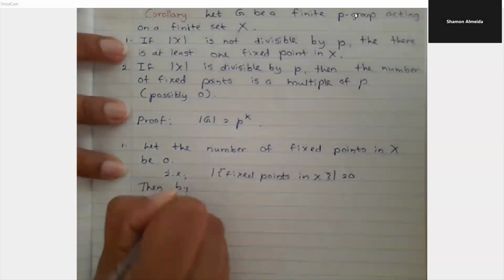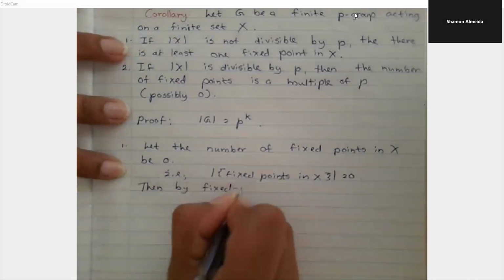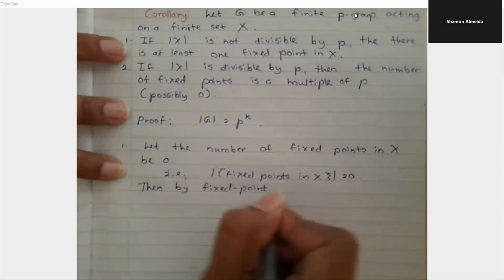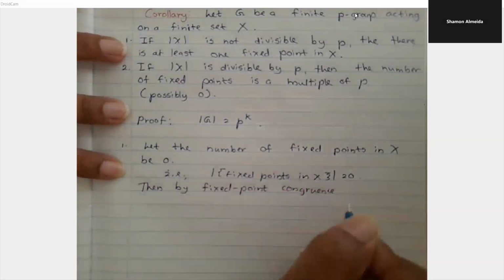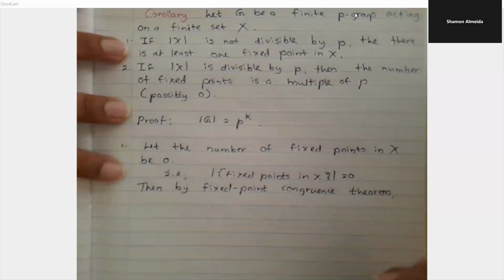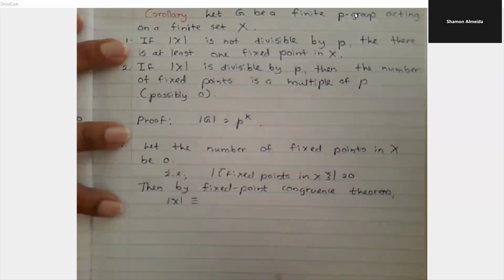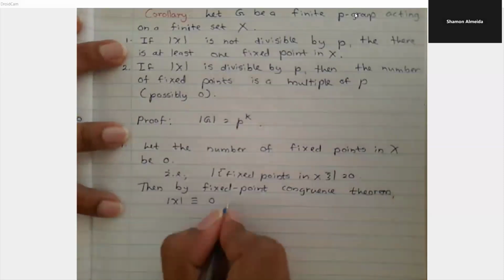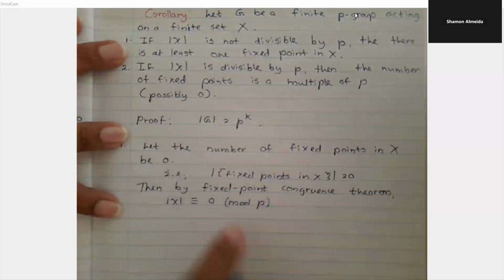Then by the fixed point congruence theorem, order of X is congruent to 0 modulo p. What does it mean by definition of these congruences?